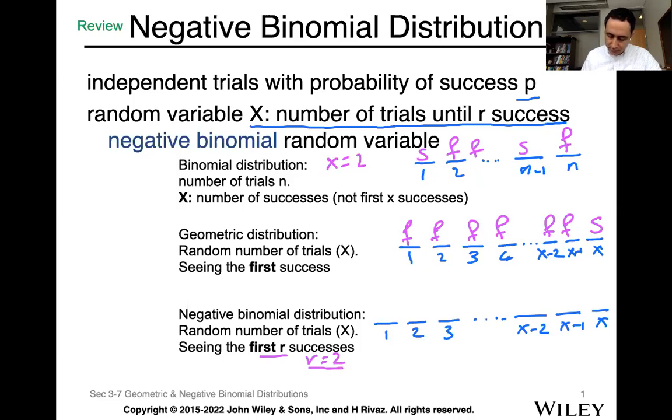For example, I succeed in the first trial, and then all of the rest of the trials are failures. Once I succeed again, I stop. The importance here is that my R-th success, in this case my second success, happens at the last trial. And this is called the negative binomial distribution.